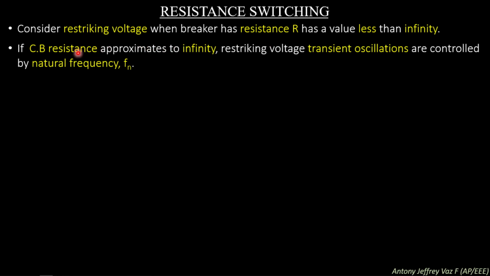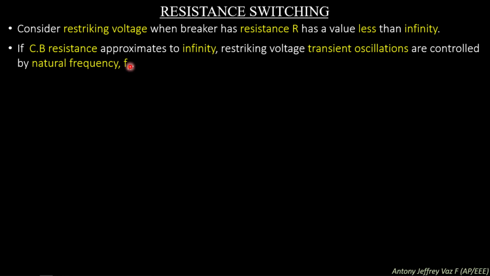If the circuit breaker resistance approximates to infinity, restriking voltage transient oscillations are controlled by the natural frequency Fn. We know that if a resistance is inserted in a circuit breaker, then it will control the transient oscillations.